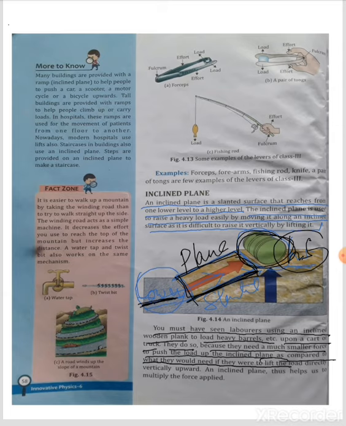If they have to lift it, they have to use a large amount of force, but since now they are pushing it and rolling it, it becomes very easy for the laborers to push with a very little force to place the barrel from the lower surface to the higher surface using this inclined plane. So an inclined plane thus helps us to multiply the force.